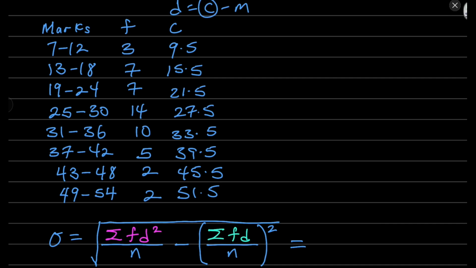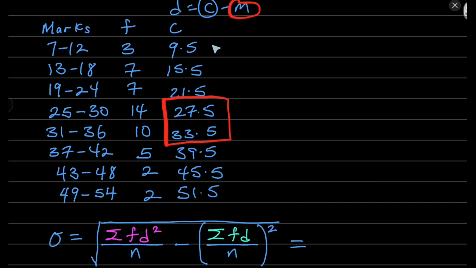The next is to find the M, and I said M is your assumed mean. I've explained in a previous video that for your assumed mean, you just pick the middle value of your C column.